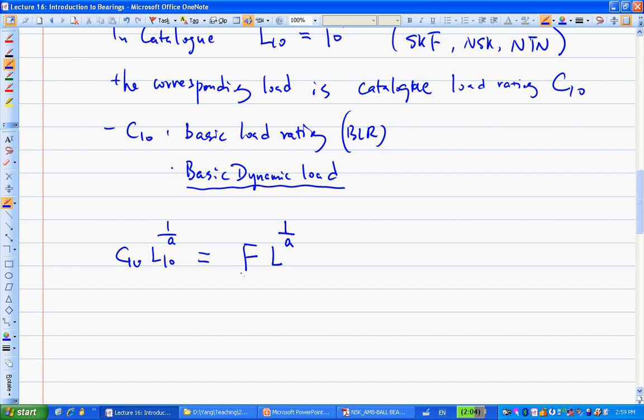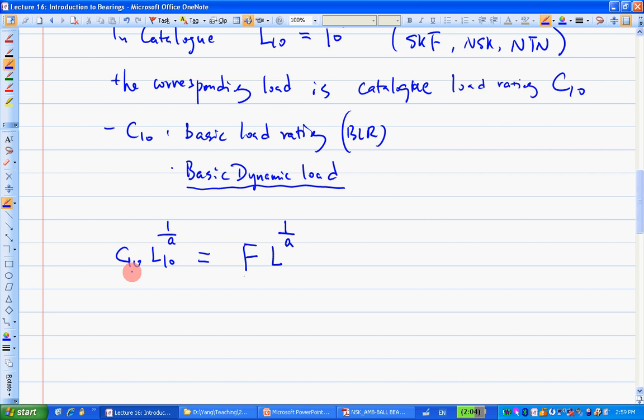The L is going to be the life requirement for the bearing. Maybe the L is higher than 10 to the power 6, or maybe it's less. Who knows? Based on this condition, you can calculate a C10, what we call the required value.